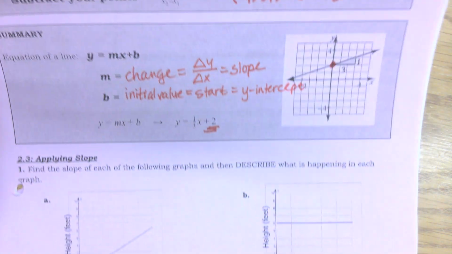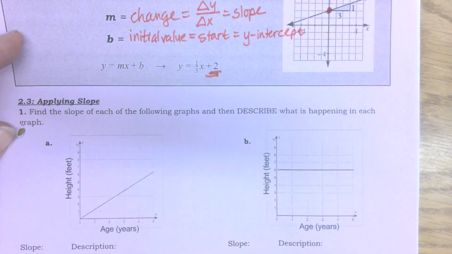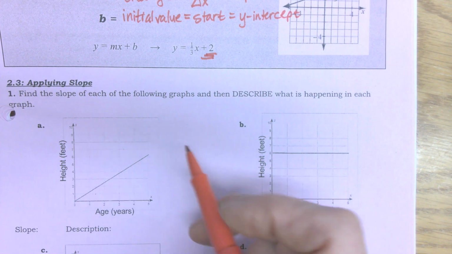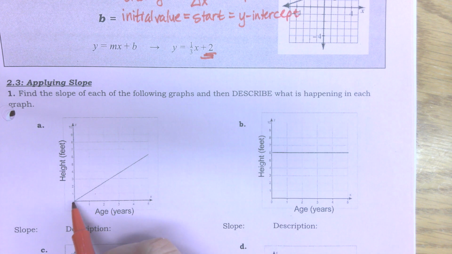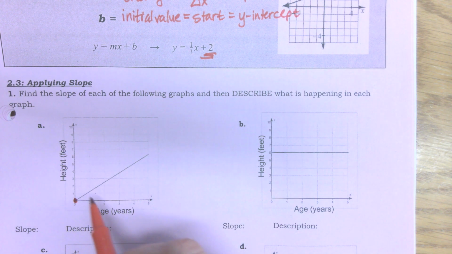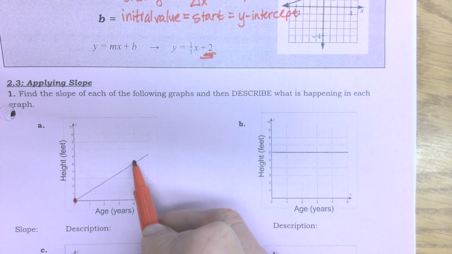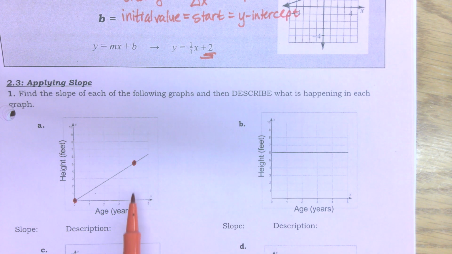We're going to apply slope to a certain situation. I'm sorry that these are not super clear, but I'm going to put my first point at the corner here, and my second point above 4, because that's where it looks like it crosses nicely.